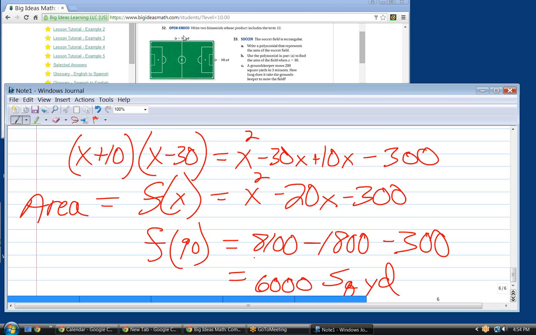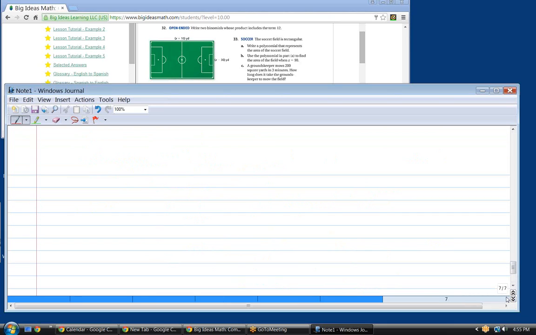Square yards is a measurement of two dimensions. Cubic yards is a measurement of three dimensions. In other words, if we were talking about the volume of a rectangular brick, we'd be talking about cubic something. All right, so we have an area of 6,000 square yards.